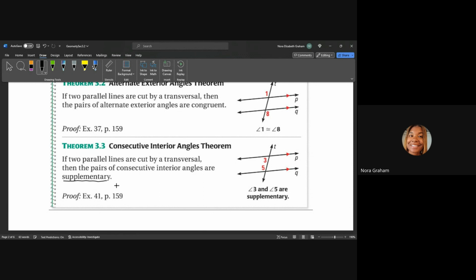Okay, that means when you add those two angles, they're going to equal 180. All right, in this case, we would have angle 3 plus angle 5 would equal 180 because they're supplementary by this theorem.